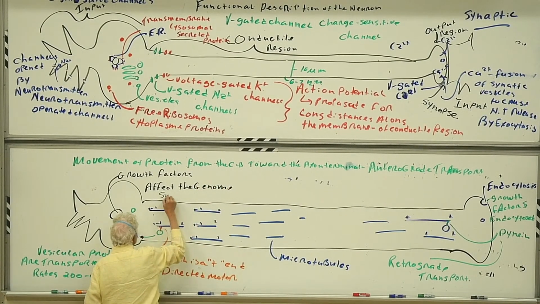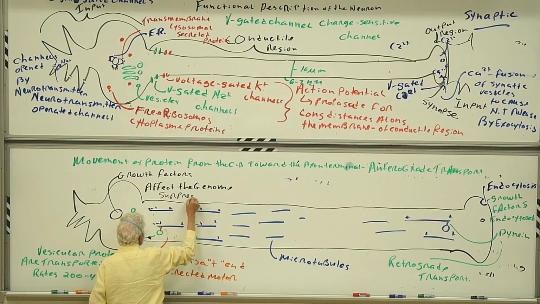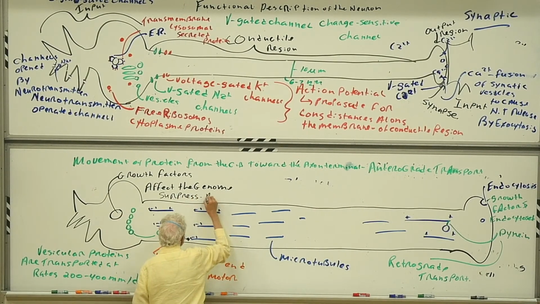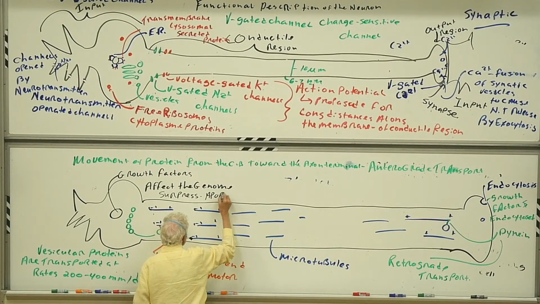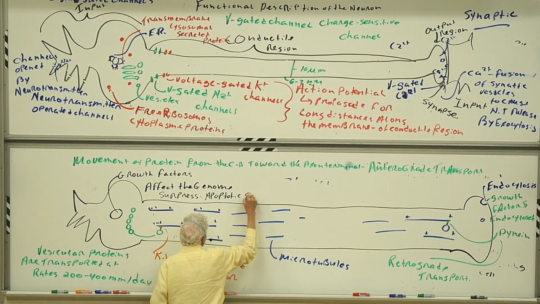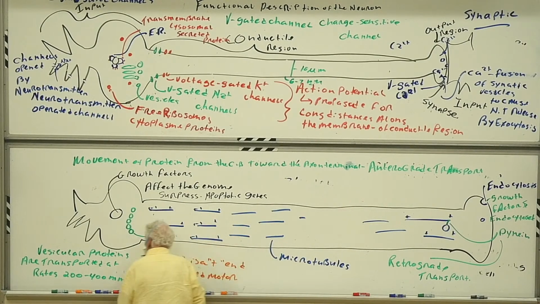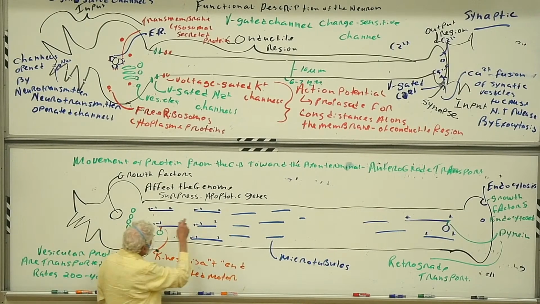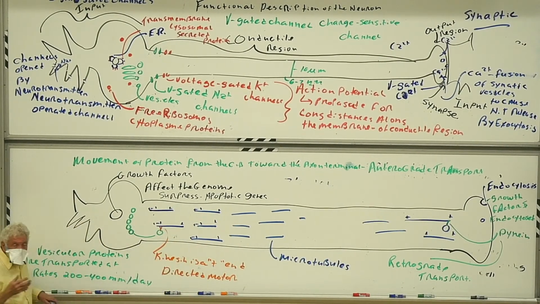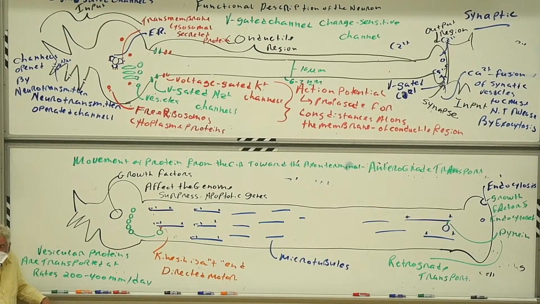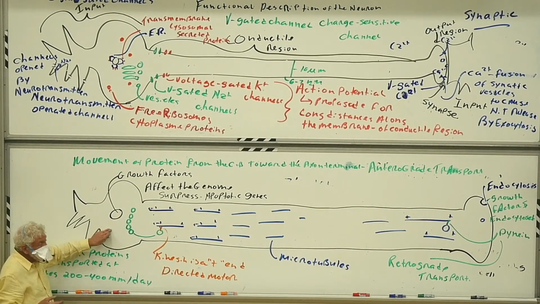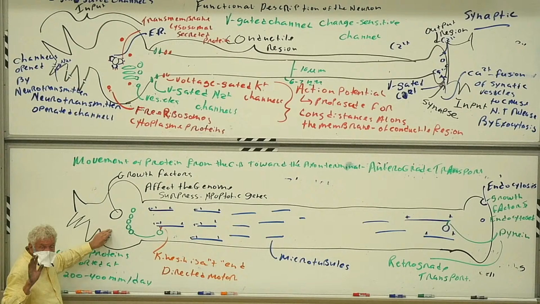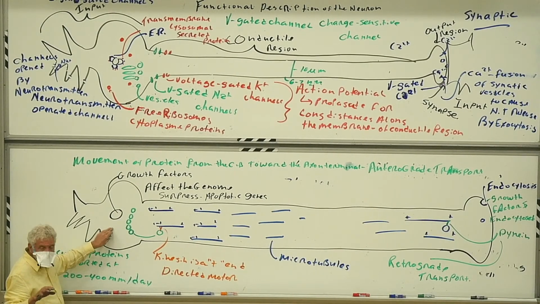Specifically, they suppress apoptotic genes. All of our cells have a series of genes in them known as apoptotic genes. These apoptotic genes are in fact kind of suicide genes. What they do is they organize cell death. And all of our cells have them. In this particular case for the neurons, it's important to turn those apoptotic genes off. And that's what the growth factors are doing.